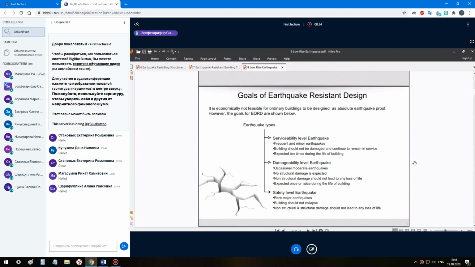At this level, the building should not be damaged and should continue to remain in service. At this level, it is expected 10 times during the life of the building. This level of earthquake is called the serviceability earthquake.